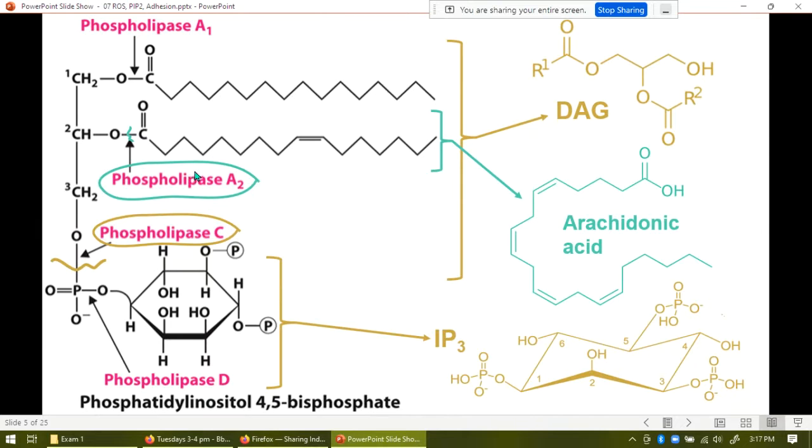On the other hand, phospholipase A2 cleaves the fatty acid off of carbon 2 of the glycerol backbone of the phospholipid. So that results in arachidonic acid being released, and then the rest of the molecule will be turned into platelet activating factor through a couple of steps of enzymatic catalysis.